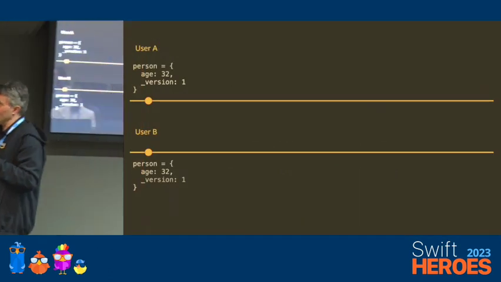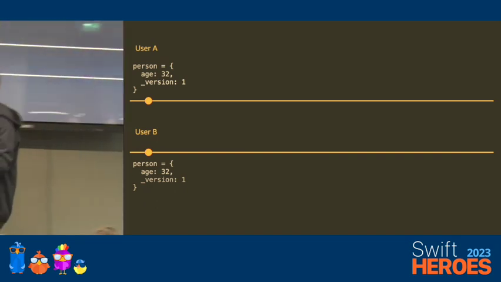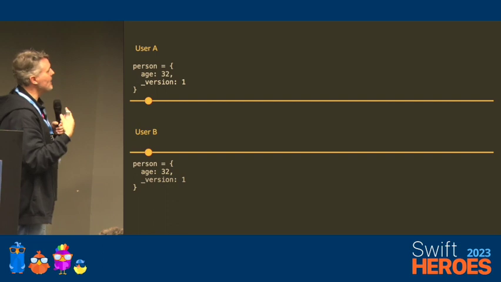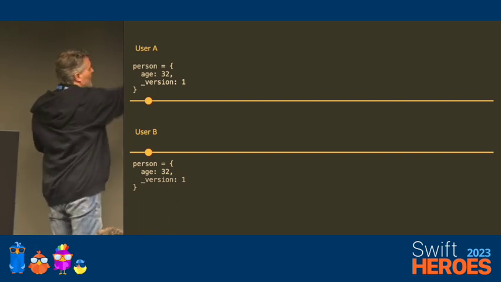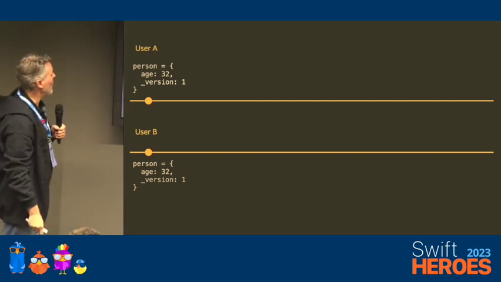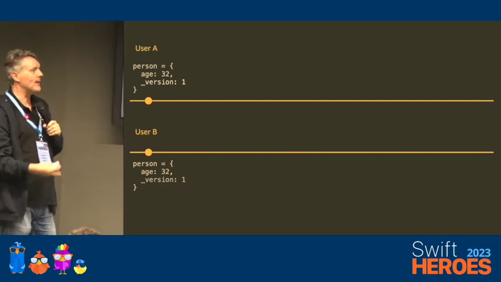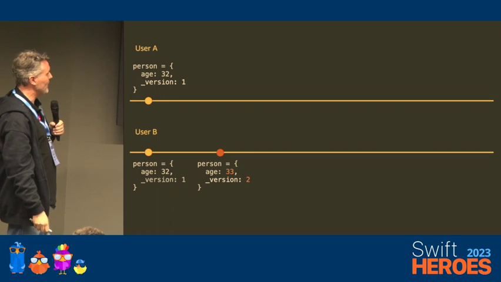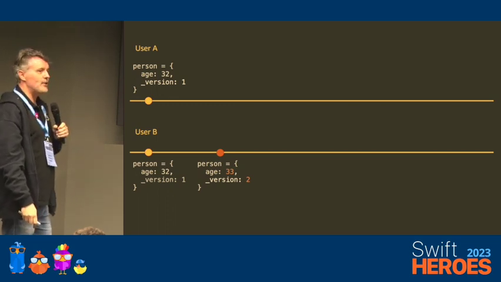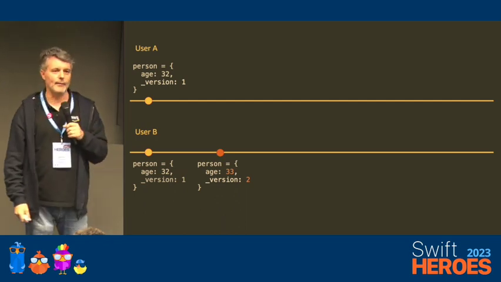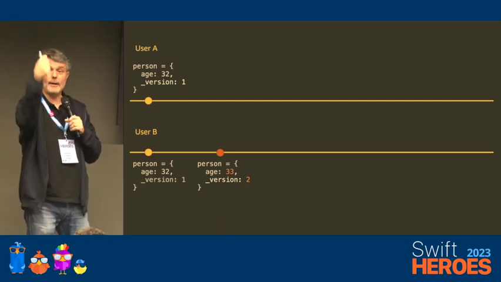So let's take another example. We have two customers, customer A and customer B. They are using your application, and they both start the application and download a person, age 32, version 1, onto their device. That's the state of the database. Everything is well synchronized so far. User B changes the age of the person, and version 2 is created on the device of user B, and that state is propagated to the database.